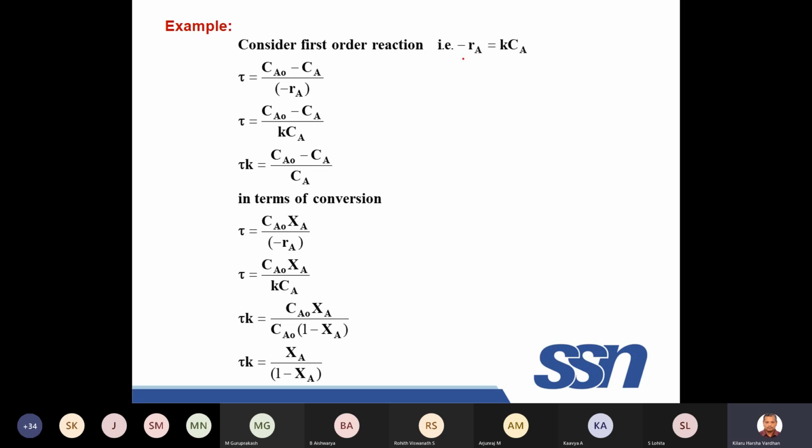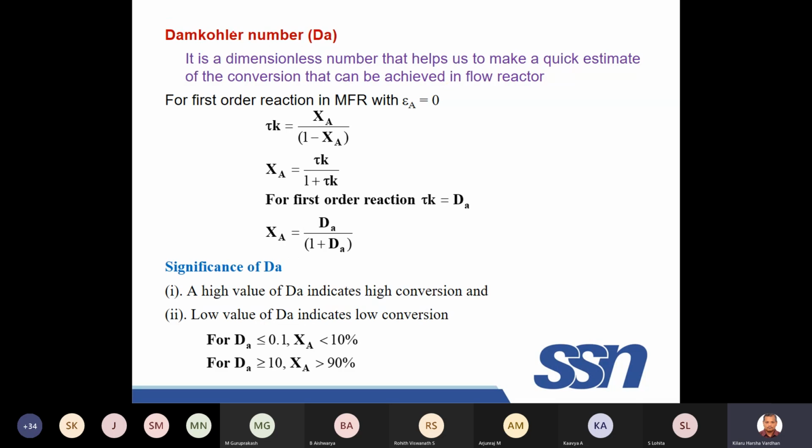So like that, we went through first order and second order reactions. Here we get one important dimensionless number, the Damkohler number, which is tau k. Tau is the space time, k is the reaction rate constant. For a first order process, tau is in seconds and k is per second, so tau k will be dimensionless.